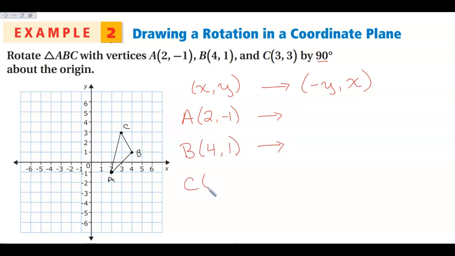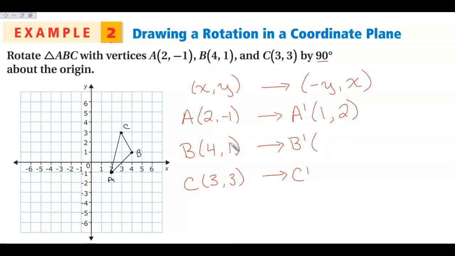And point C is 3, 3. So now we're going to find our A prime, B prime, and C prime points. So I'm going to negate my y. My y here is a -1. So I'm going to change this sign to a +1 and bring it forward. Remember, this doesn't always mean that it's going to be negative. It means we're changing the sign. And then my x just comes to the back. So this is going to be 1, 2 for A prime.